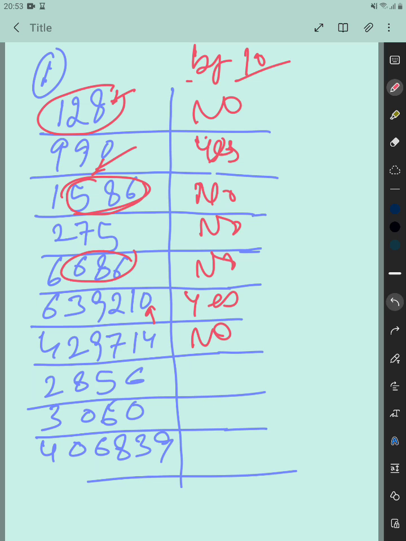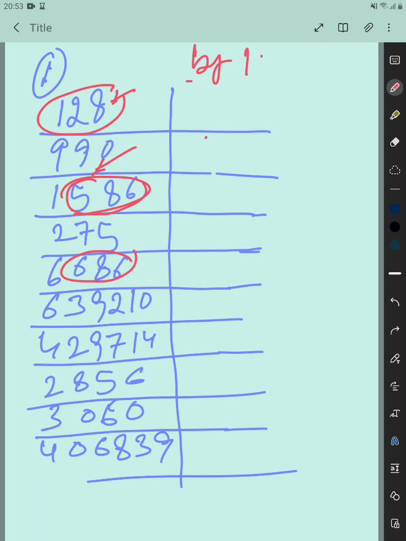Now the only remaining one is divisibility by 11, so we'll explain that. If you want to find out the divisibility by 11, you need to find the sum of the digits at the odd places starting from the right. We'll start from the right: this is the first, this is the third, this is the fifth, so these digits will be added.